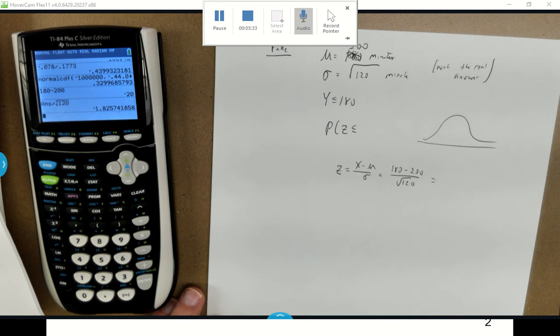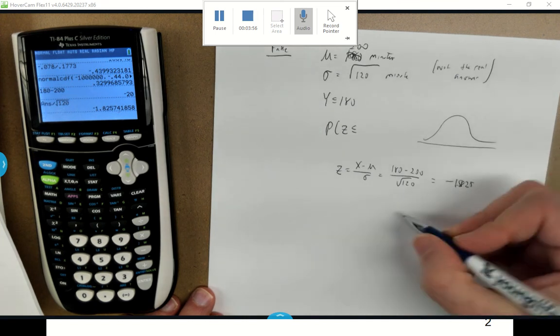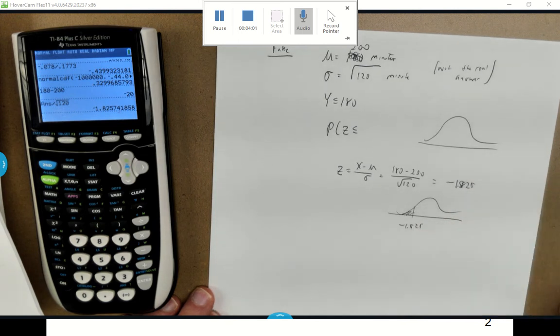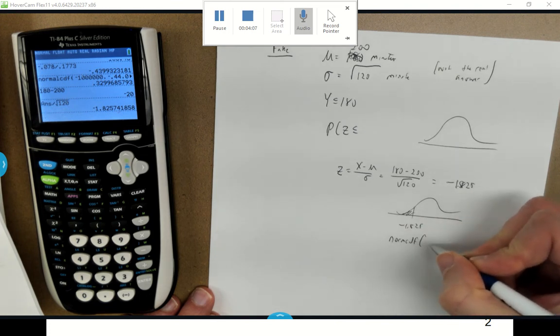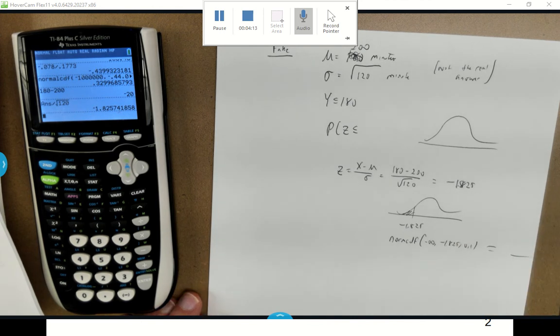And so you get negative 1.825, and then figure out this probability, do the norm CDF of a very large negative number to negative 1.825, and then you get the probability.